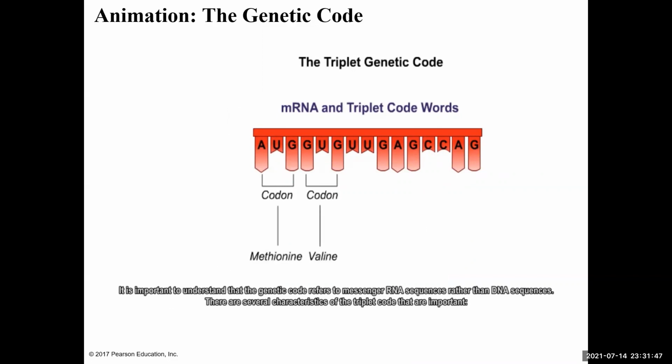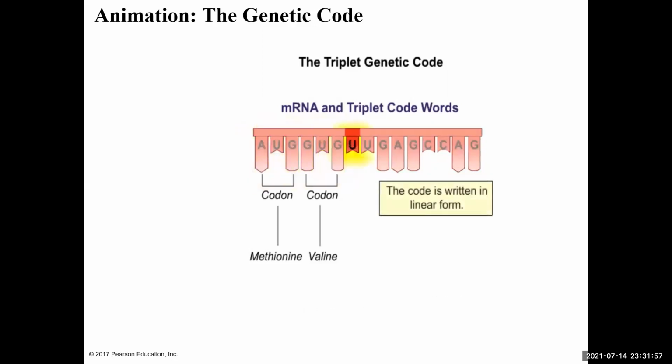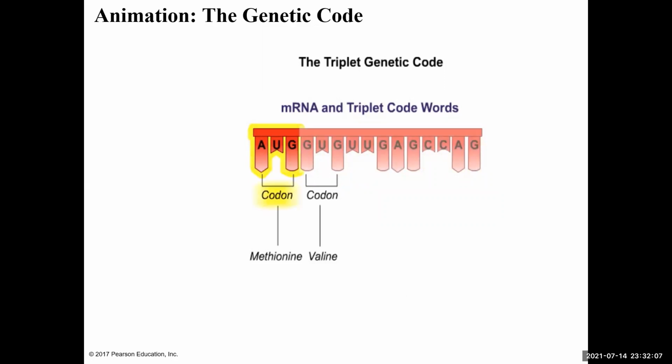There are several characteristics of the triplet code that are important. 1. The code is written in linear form using mRNA bases as letters. 2. Each word is composed of 3 letters. A group of 3 letters is called a codon. 3.